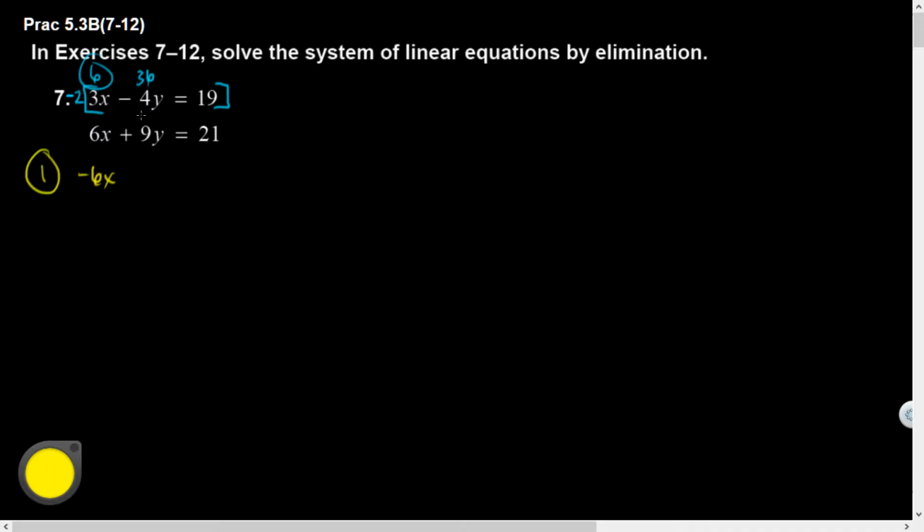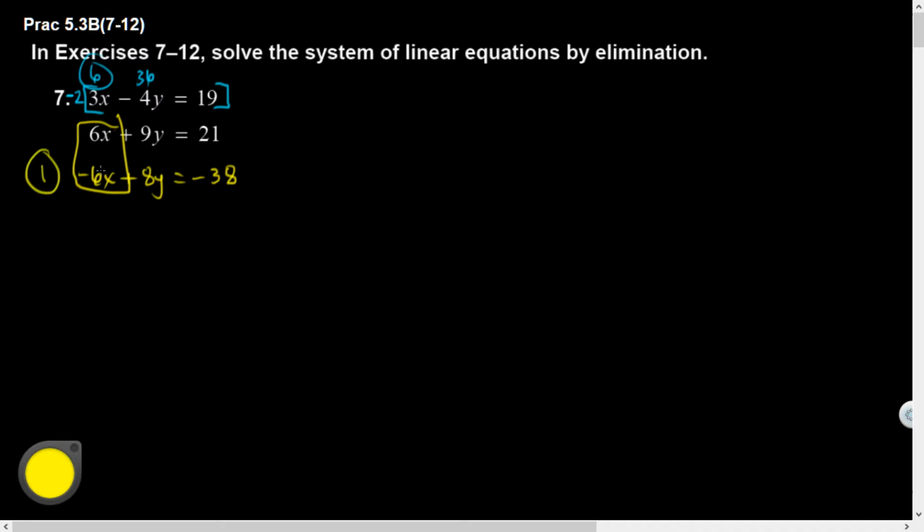Negative 2 times negative 4y will be positive 8y. Equals negative 2 times 19 is negative 38. I'm multiplying this entire equation through by negative 2 so that I get the opposite coefficients that I want.